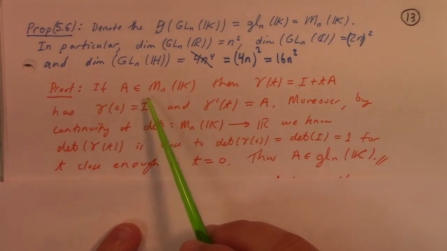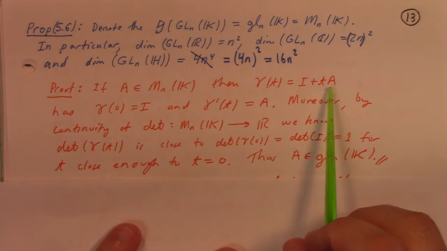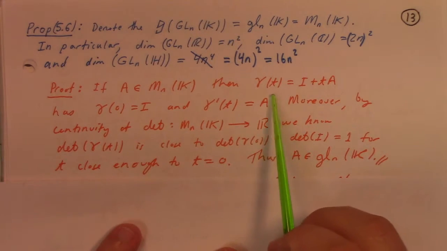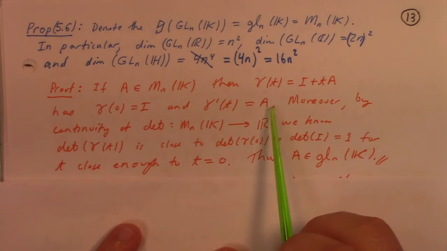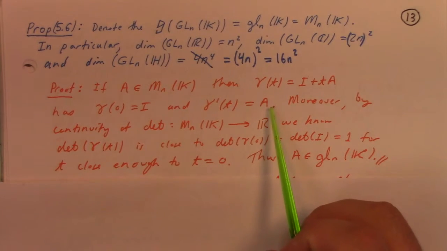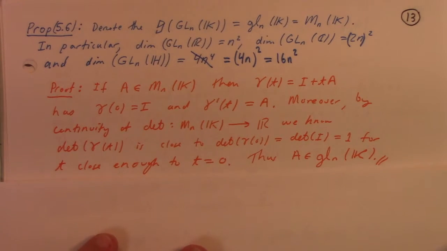All right, so anyway, here we go. If we have a matrix A, we can look at the curve I plus tA, and for t sufficiently small, that will be invertible. On the other hand, gamma of 0 is I, and the velocity vector of the curve is A, where we're making the usual identification, because we're in a vector space context, so we don't have to make use of the full abstract tangent space. We can identify vectors with points essentially.